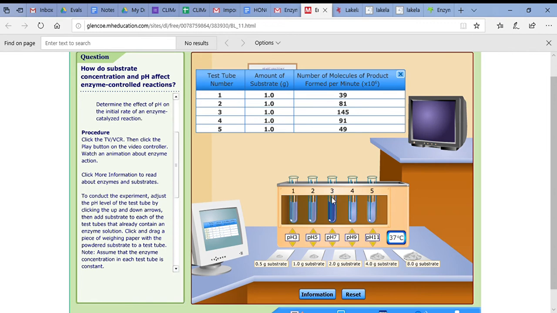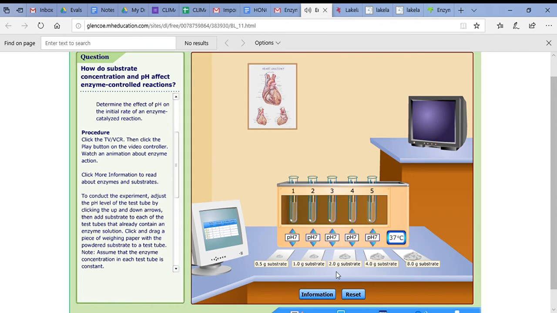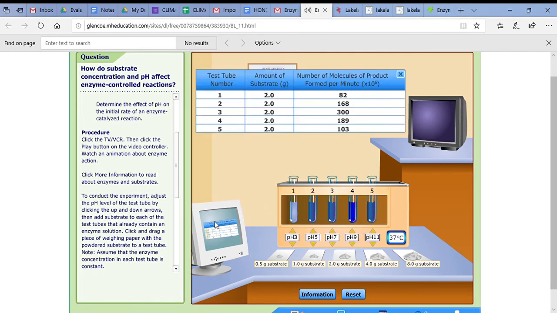Okay, now let's reset. Let's go down 2, down 1, up 1, up 2. Let's add 2 grams to each. Wow, look at this, same trend, and even more.